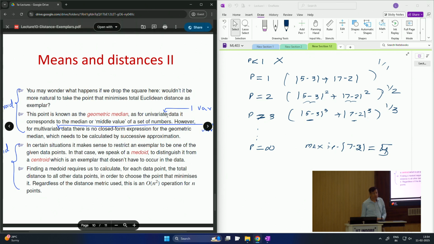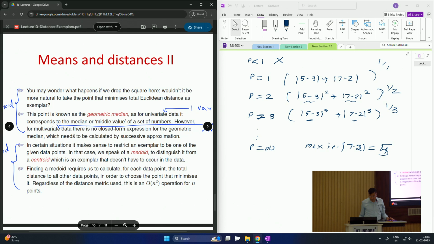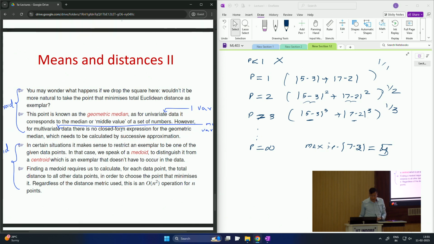In the univariate case, where it's a function of one variable, it is the median value. Let's say there was only one dimension, there were 10 points. If you minimize the Euclidean distance, not the squared, then it will be the median value. Median value has an equal number of points above and below. So we refer to it as the geometric median. And in the case of many variables, in the multivariate case, there is no closed form solution. So that is what it's called.